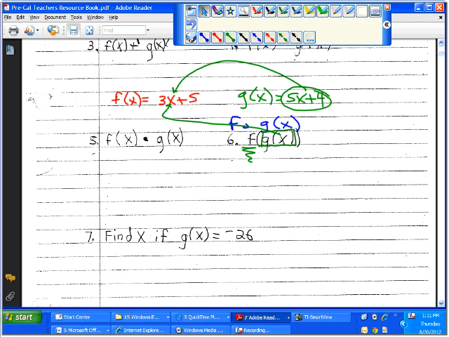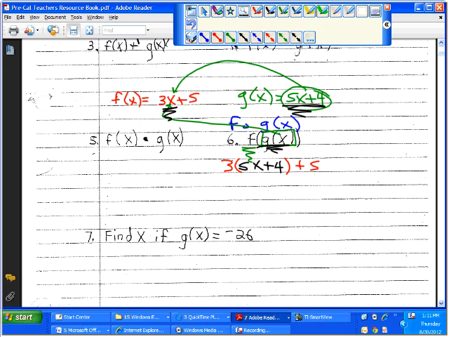Now, so we're going to have 3, and where that x is, we're going to leave a gap, plus 5. And where that x was, we're going to insert the entire g function. So it says insert the g function where the x was in the f function. You understand that?